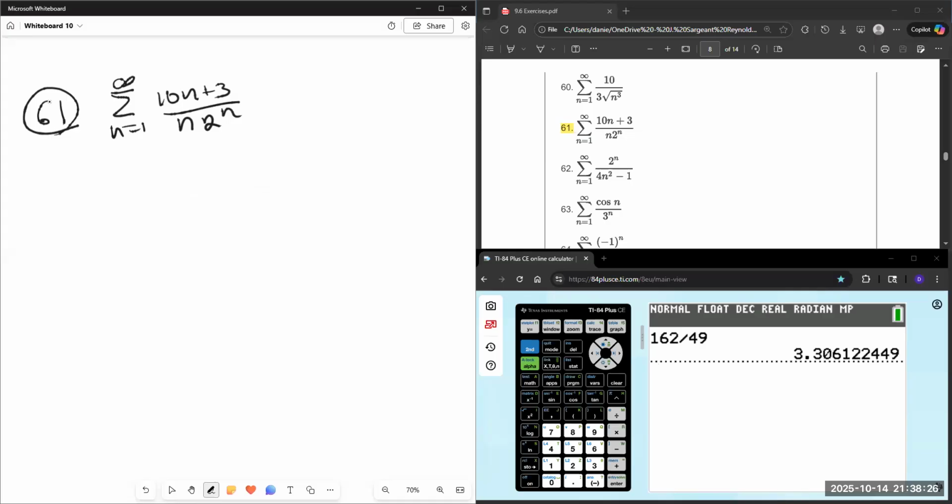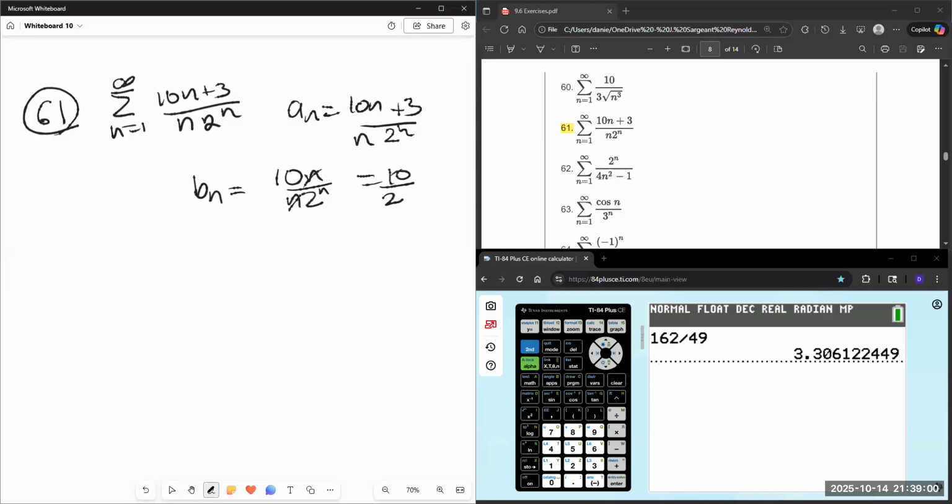So my an is equal to (10n plus 3) over n times 2 to the n, and make my bn equal to 10n over n times 2 to the n, and the n's will cancel.